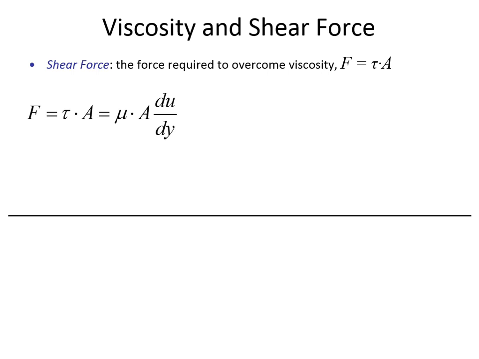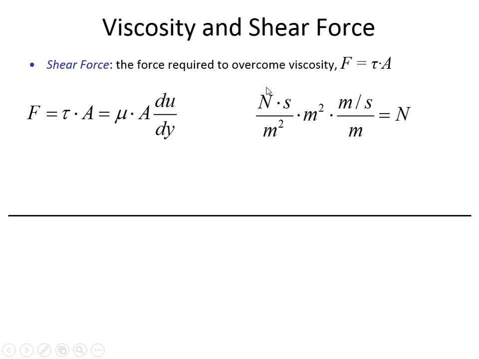So here we've got the rate of strain, du dy, remember, area, and viscosity. So you can find out the force required. You have to apply a force to overcome a viscosity. And we've got an example here in just a minute that makes that concept physical.